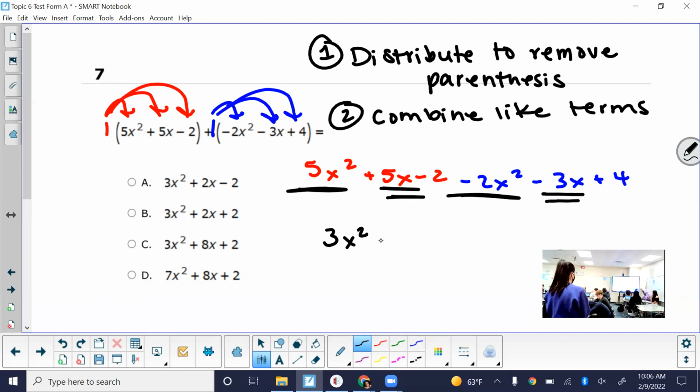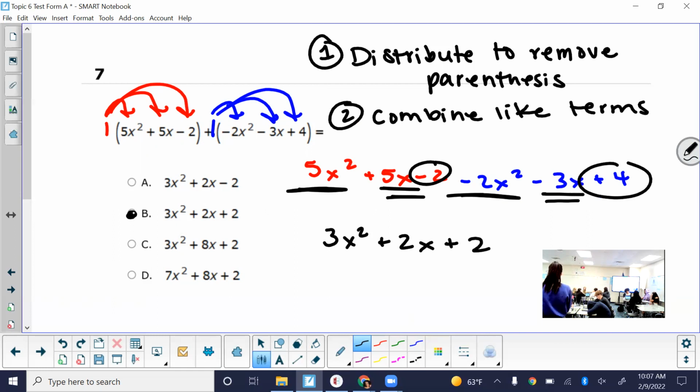What do we get when we combine them? 5 minus 3, positive 2x. And then the constants are always last. So negative 2 plus 4 gives me what? A positive 2. So the one that matches this completely is option B.